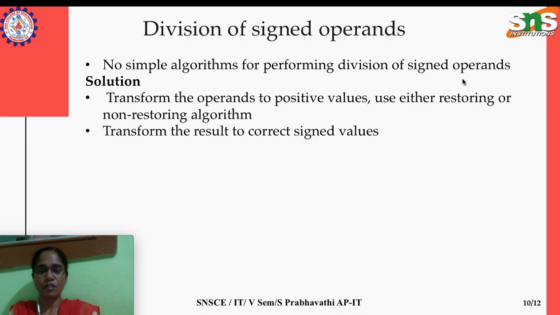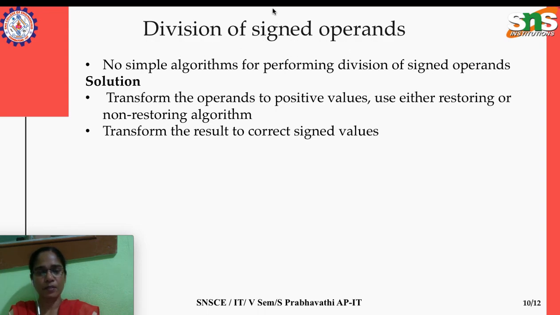So the solution is to transform the negative operands to positive and do either the restoring or non-restoring algorithm. Do the calculation, get the remainder and the quotient, and finally change the result to the correct value. That's the only thing available for handling the division of signed operands.